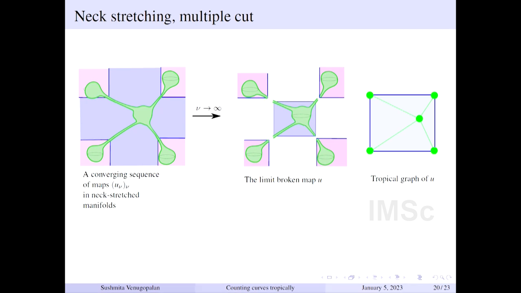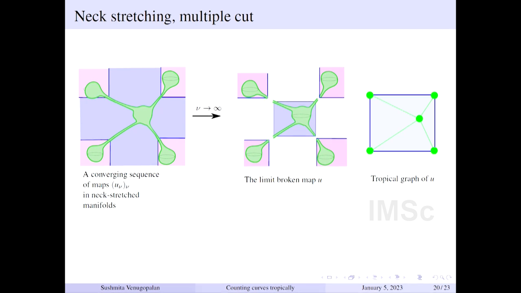And when you look at limits of curves for these sequences of neck stretched manifolds, that's the picture you get. So you get the expected limit, but in addition, you get an additional piece of combinatorial data, which is the tropical graph, which looks a lot like the tropical curves we saw earlier.